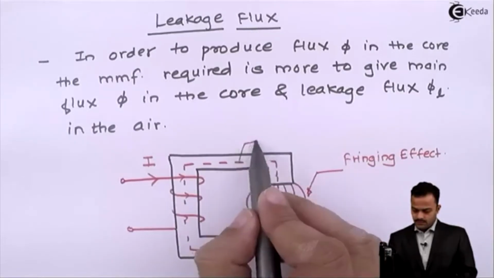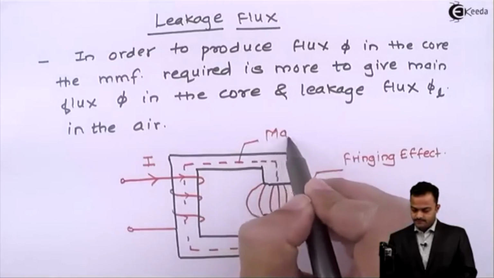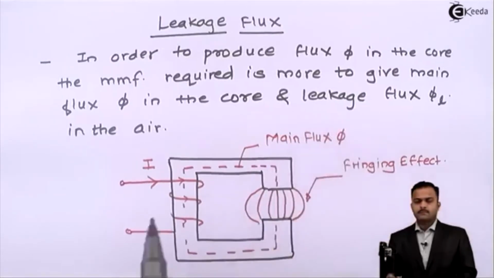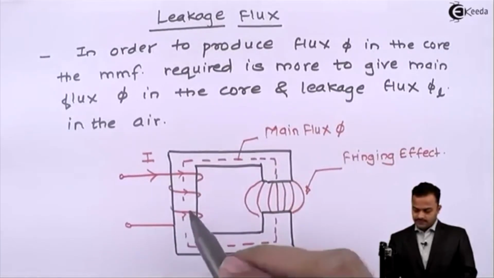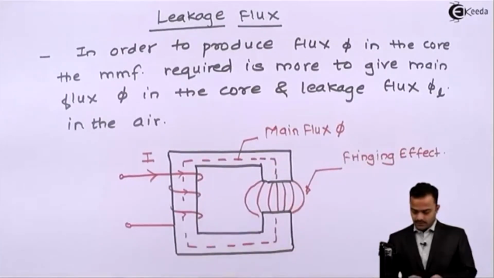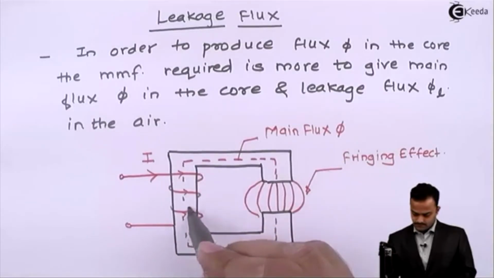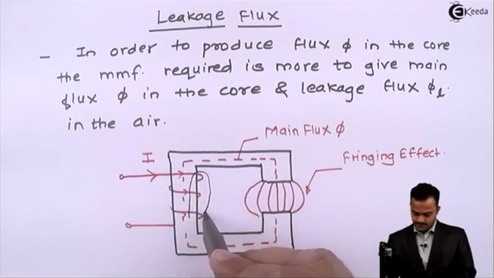Over here, this is the main flux phi. Some of the flux lines will complete their path through air like this.